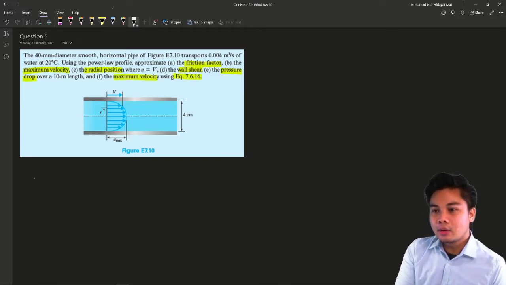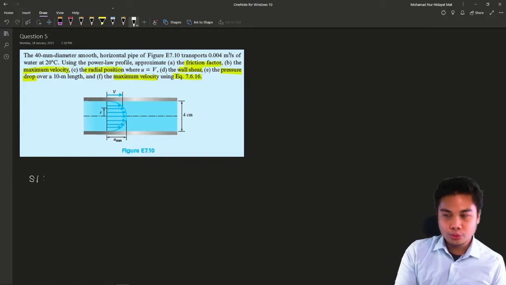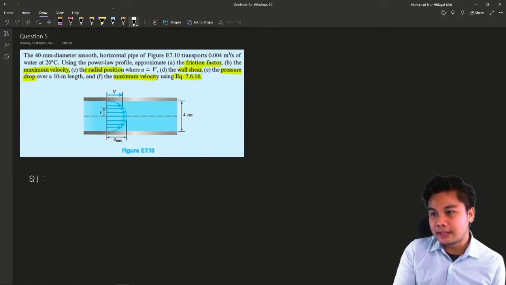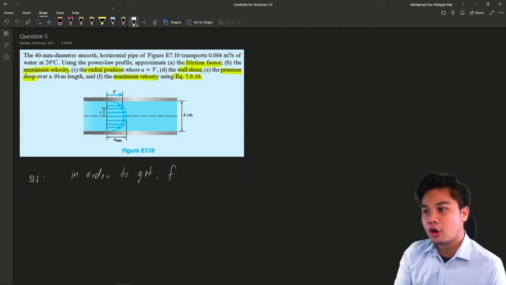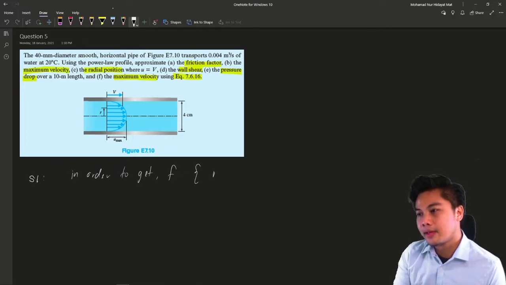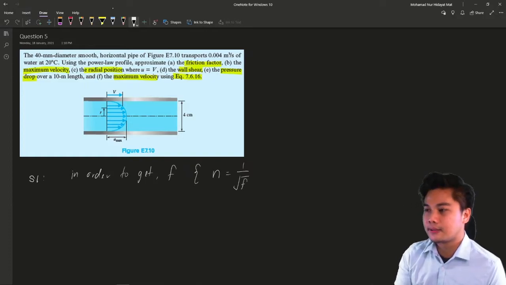Our first step: in order to get the friction factor, we can get it from the power law, directly from n equal to 1 over the square root of the friction factor.